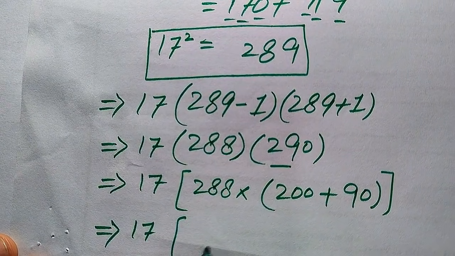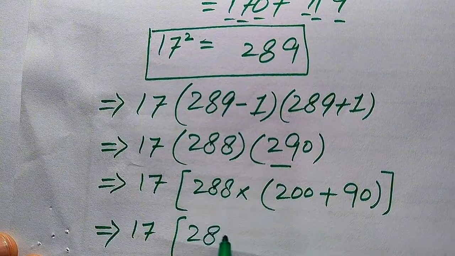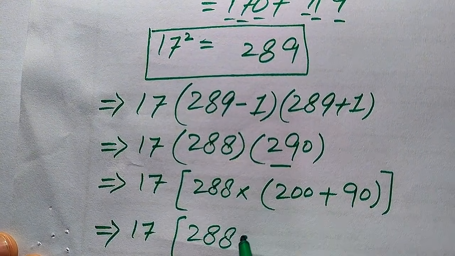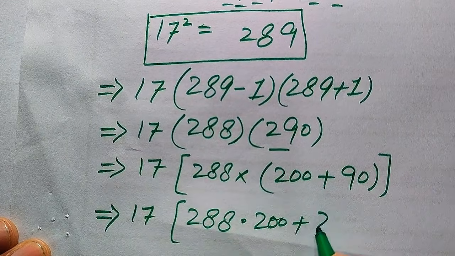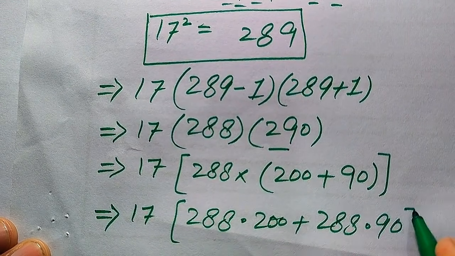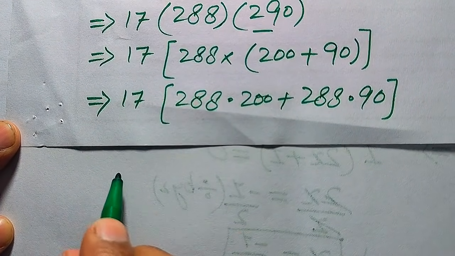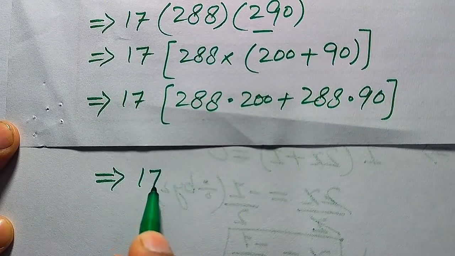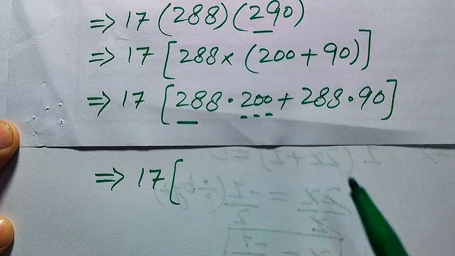So now we first break 288 separately on both of these two values, and it will be written as 288 multiplied by 200 plus 288 multiplied by 90. So in the next step we have 17 times, and here we consider this is a one digit number and this is our 3-digit number.